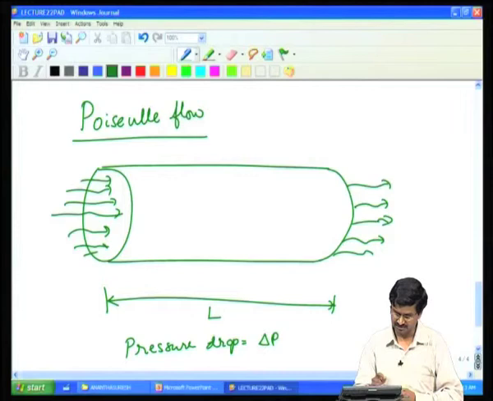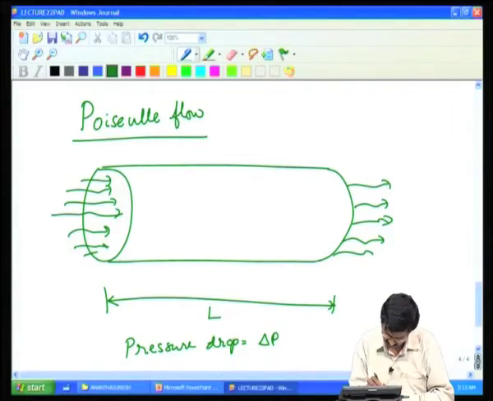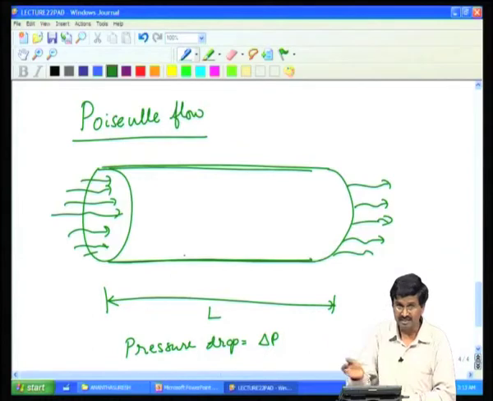Then what happens to the velocity from here to here? The walls of this tube that we are looking at, this is a cylindrical surface if you take it, will experience some shear stress as well. That causes dissipation, and also causes a shear force on the body. How do you estimate that?